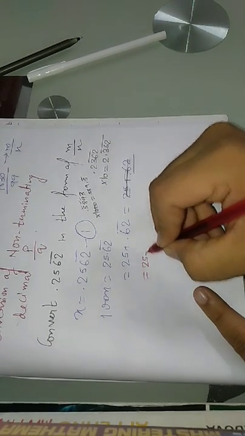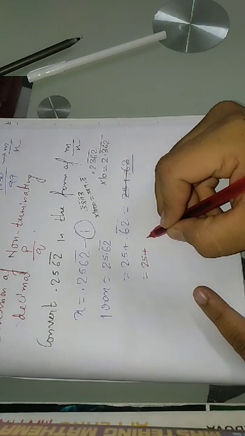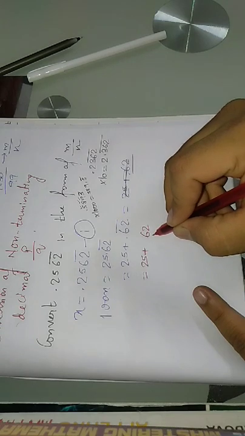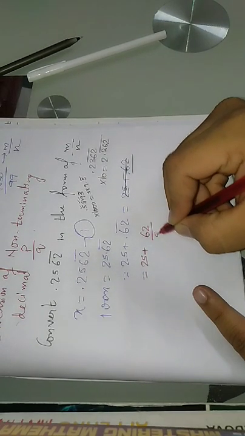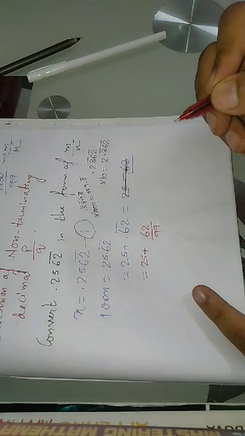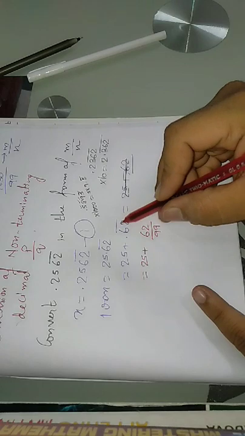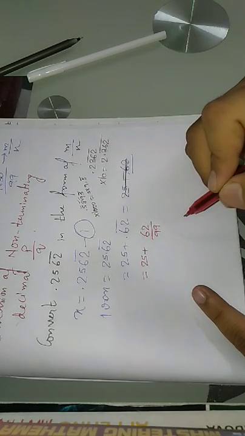This 0.62 bar will be written as 62 over 99, the decimal removed. Now students, you will tell me that after the decimal there were two digits, so I need to divide it by 100, but why 99?